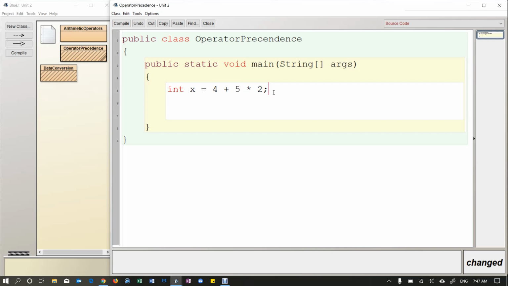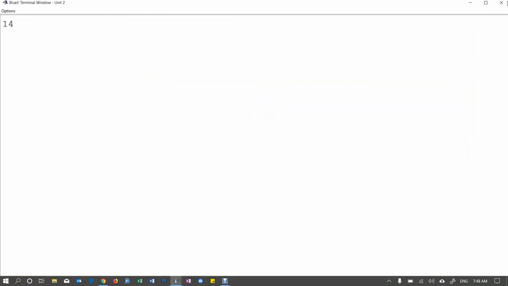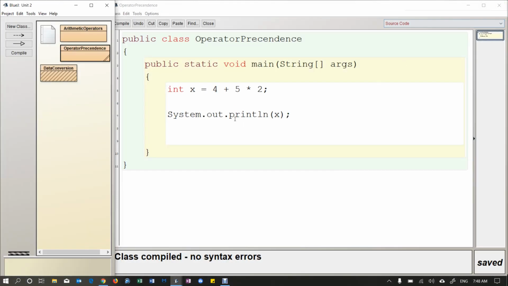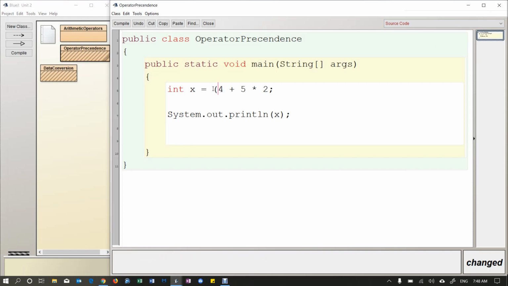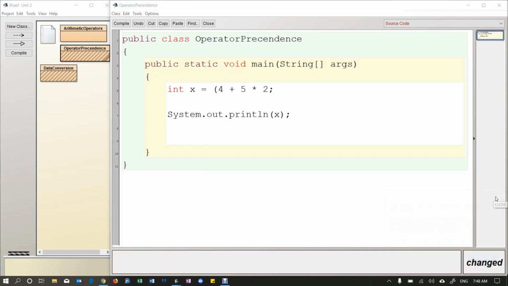is 14. So if I just quickly print x, then that should print the value that's currently stored in x, which is going to be 14. Let's just check that out. All right, 14. Okay. So if I put brackets around here, then that is going to change things.